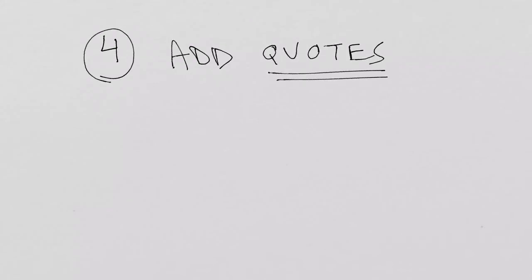My fourth tip is going to be to add quotes. The people who were there, I want to hear people talk. I want to see their words. I want to hear what they have to say about their experience.